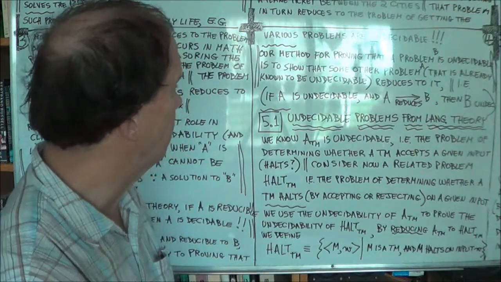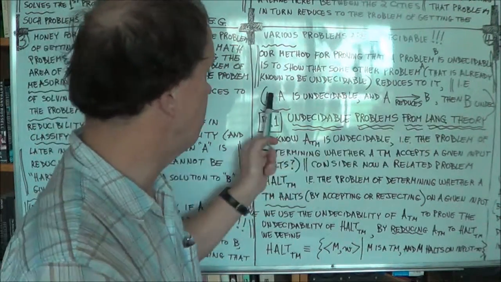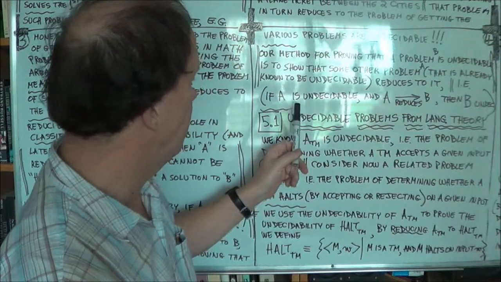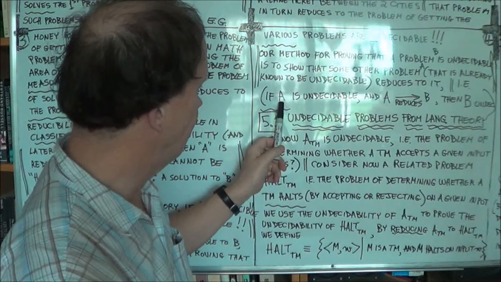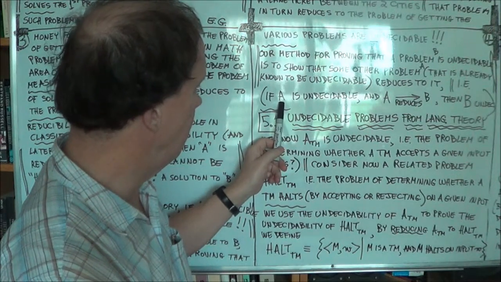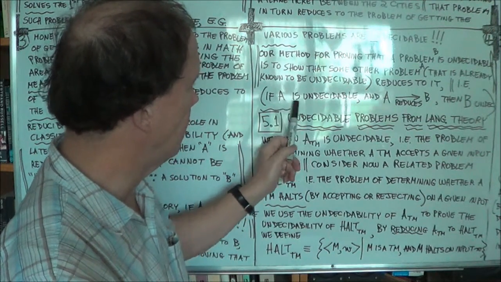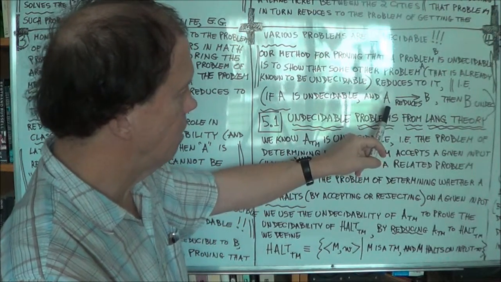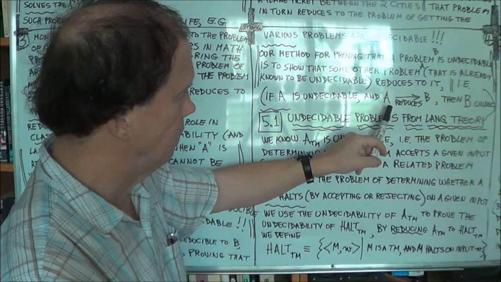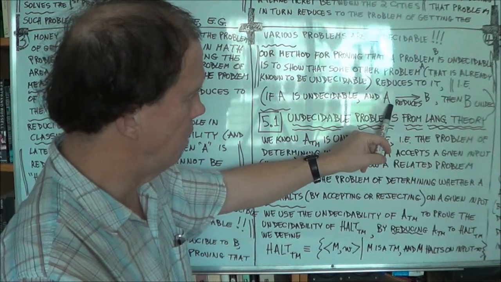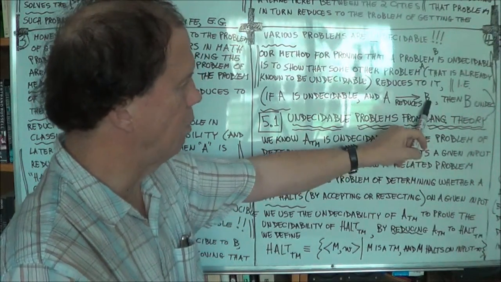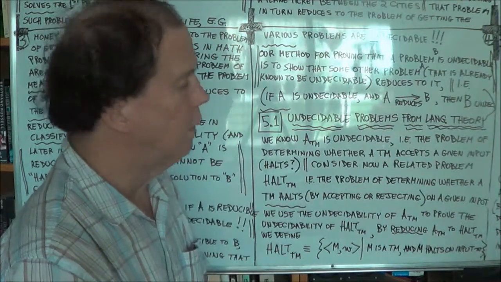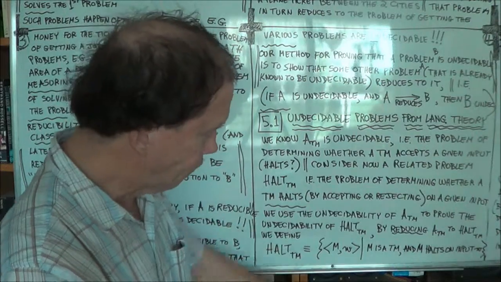Hope you follow that. This is Sipser, but this is me. You know of some problem that's undecidable. Call it A. Now, if you can manage to reduce that A to some other problem B, well, then you know that this B is undecidable.